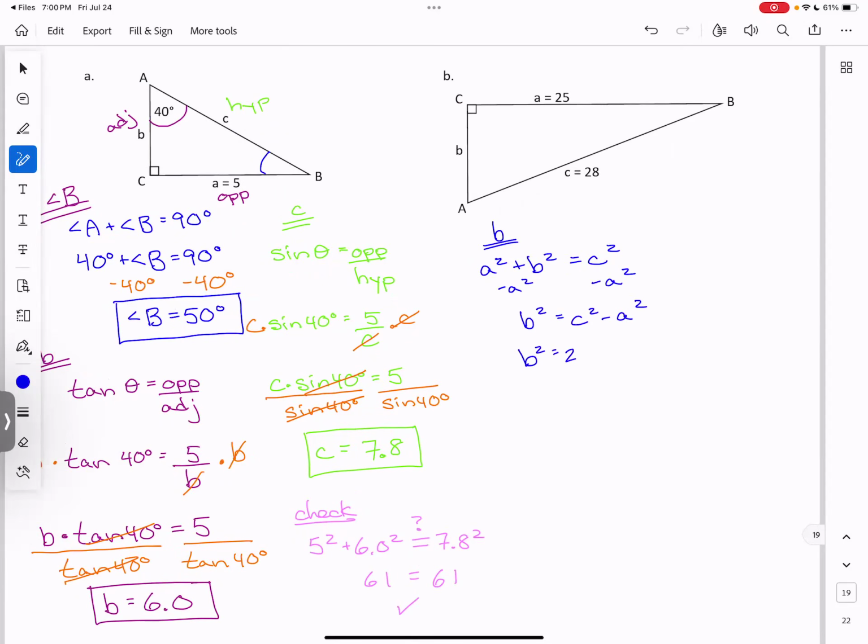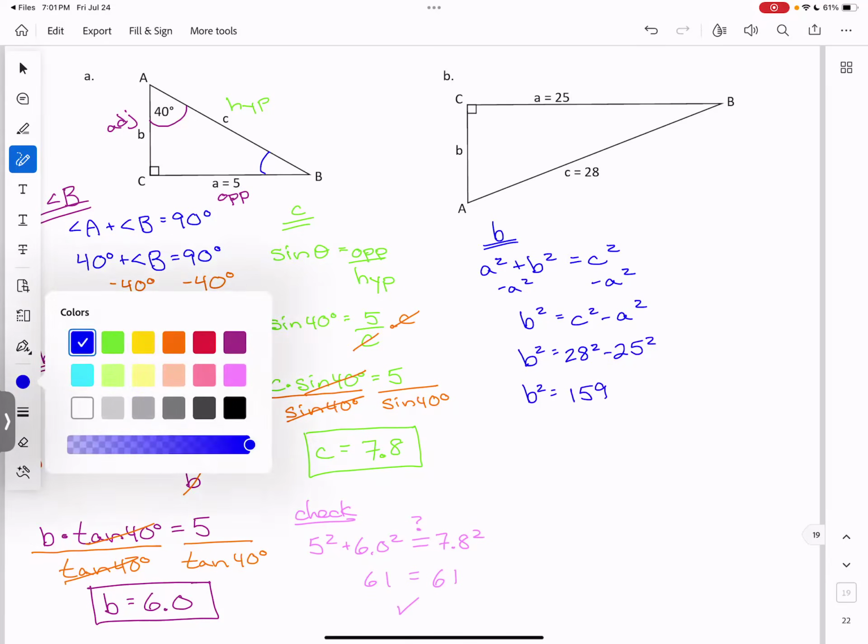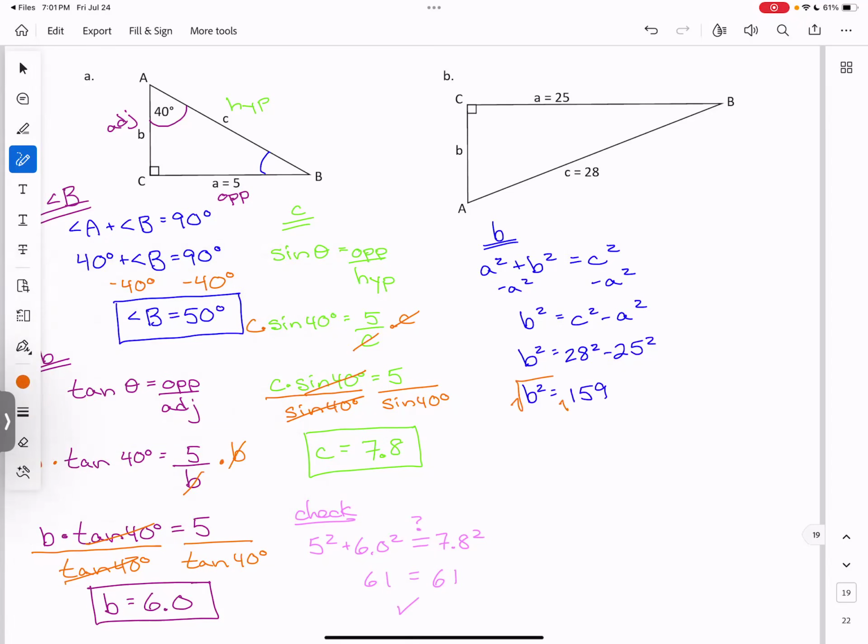which is 28 squared minus 25 squared. And that gives me 159. So now I want b, so I'm going to square root both sides. And the square root of 159 to 1 decimal place is 12.6.